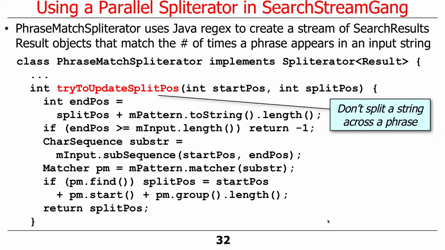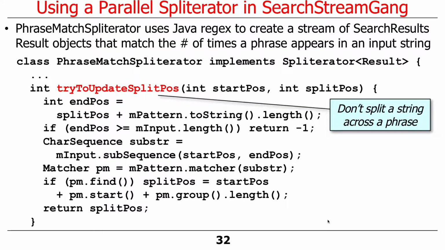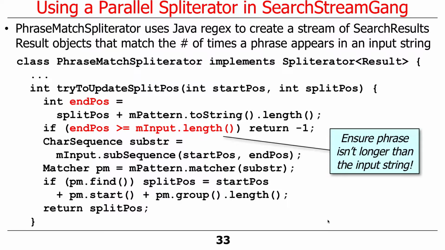So let's take a look at this. This is the real workhorse method. This is try to update split pause. And we start out with the starting position, and we then go ahead and give the split position. And so what happens here is we take a look at the length of the phrase we're searching for, right?